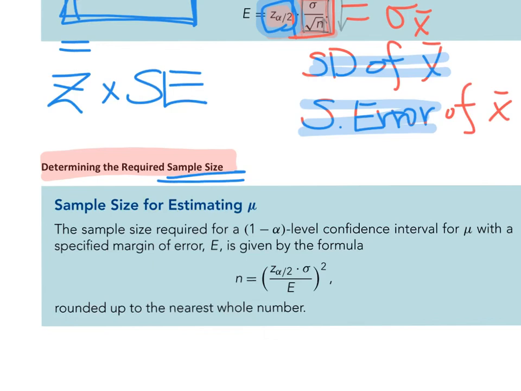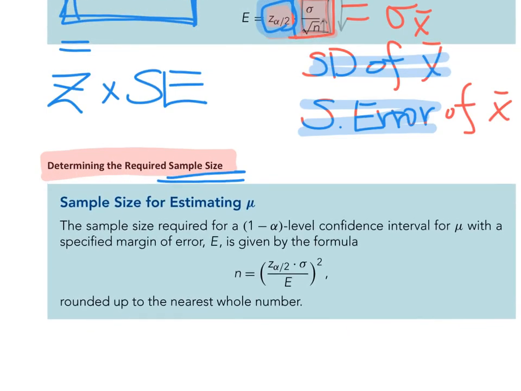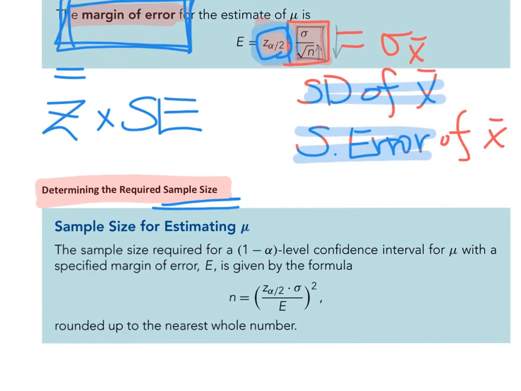Very simple. Then what is the problem? What is the problem with making a bigger sample? We have to pay more. Think about a survey.